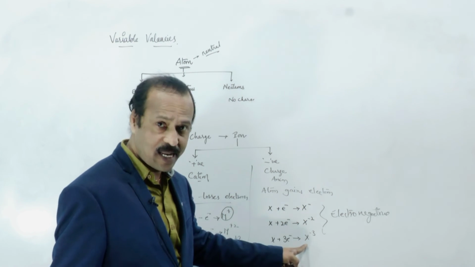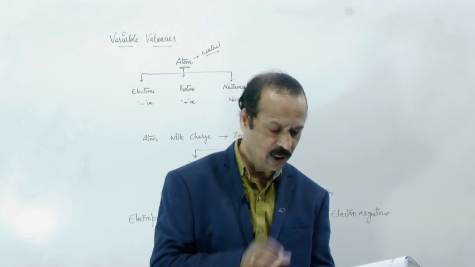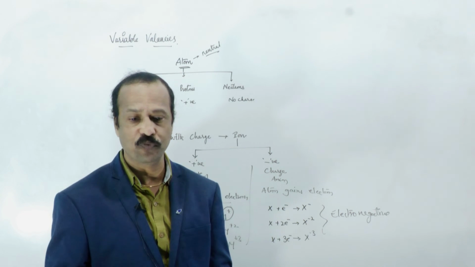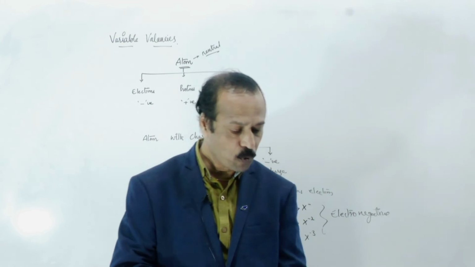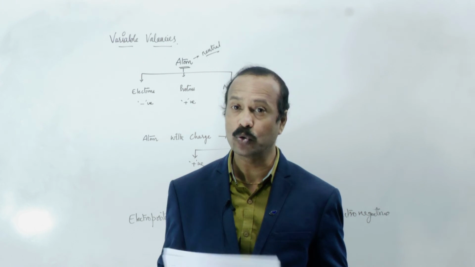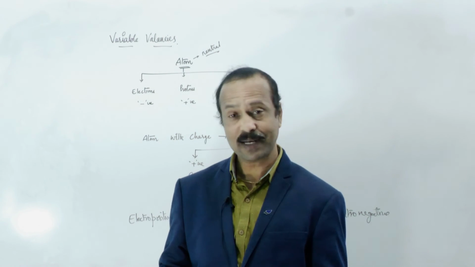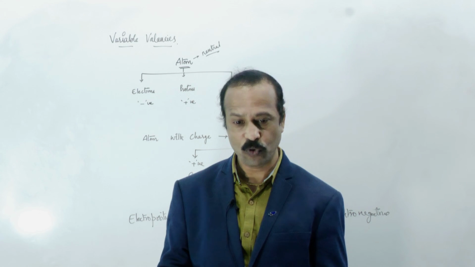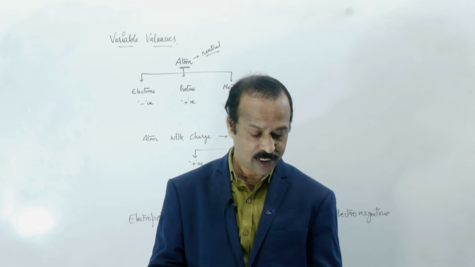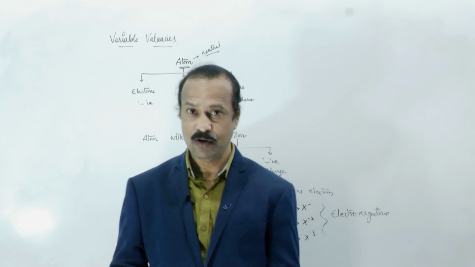And if it is gaining 3 electrons, trivalent. So you can complete synopsis 4, synopsis 5. Both the compound names and their valences you have to learn. So we directly solve the practice sheet, exercise 4 and 5 in the next class. Okay, so go through both synopsis 4 and synopsis 5.